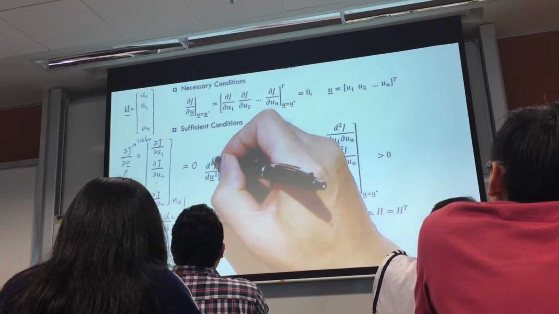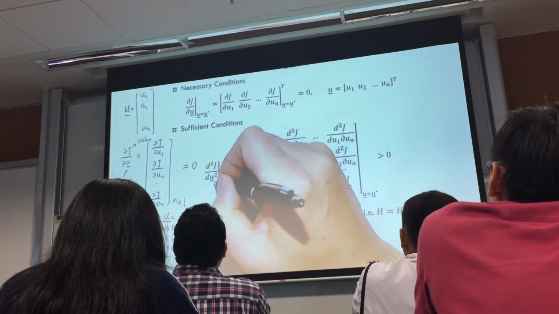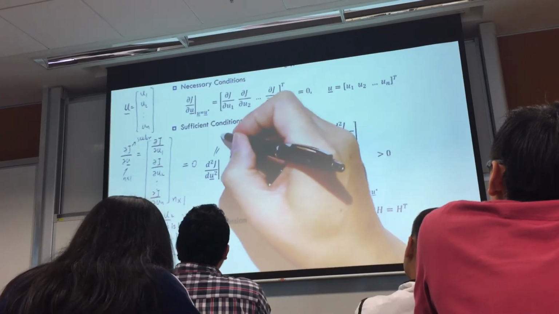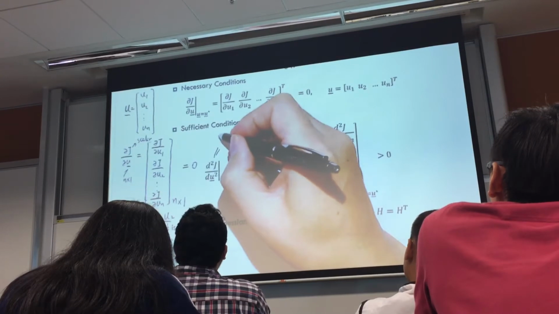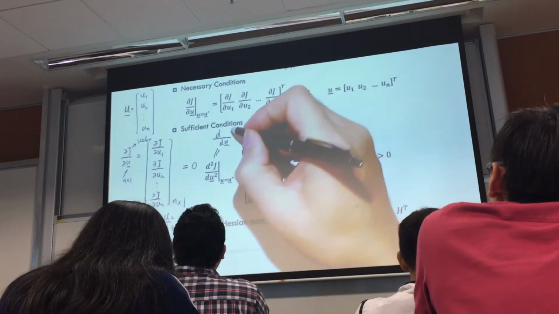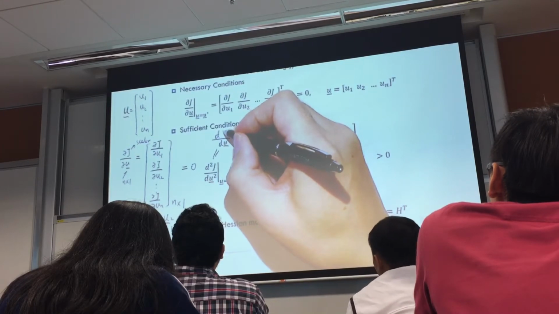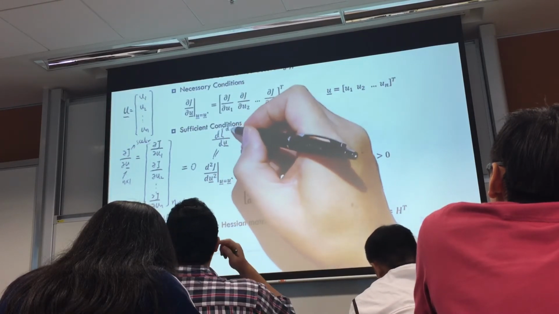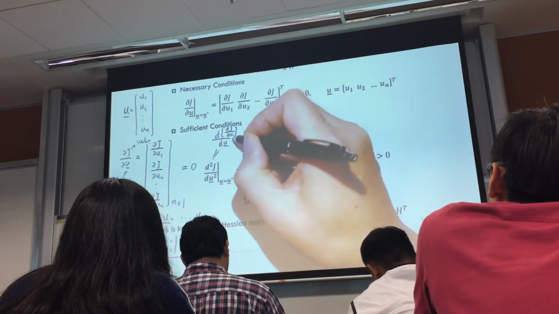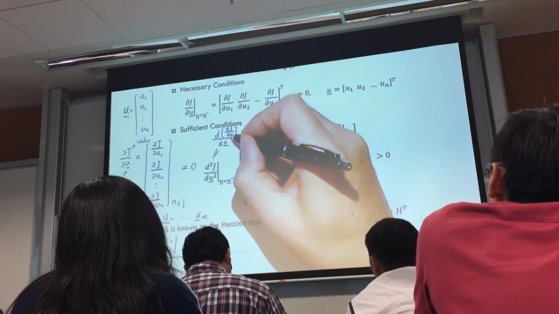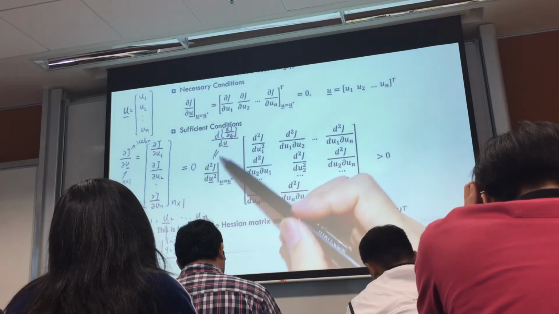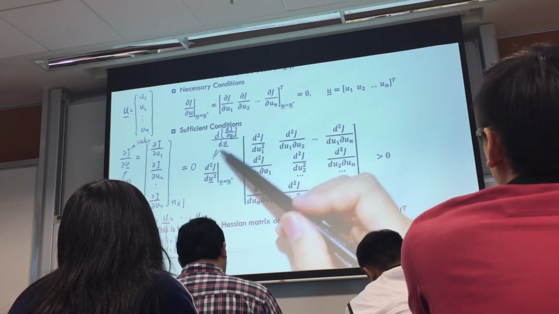This d²J/du² is equal to d/du of dJ/du. So we define the second derivative this way.